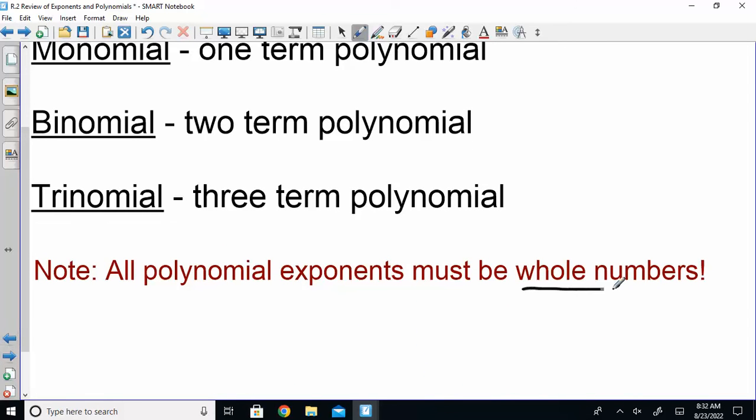What are whole numbers? Non-negatives. No negatives, decimals, 0, 1, 2, 3, and so on. So you're not going to have fraction exponents or negative exponents or decimal exponents when we're talking about polynomials. They're all nice, pretty numbers. So far, so good?